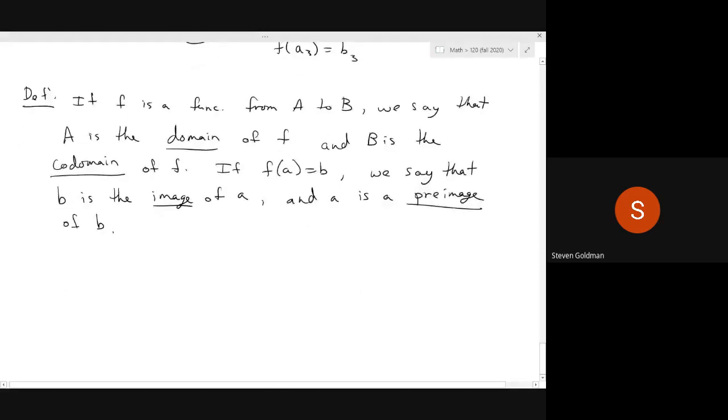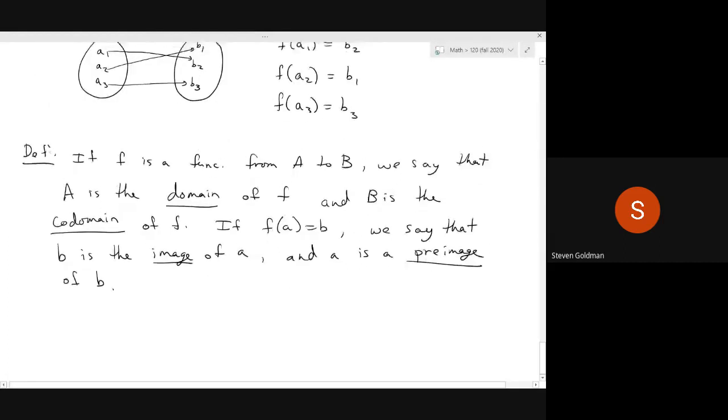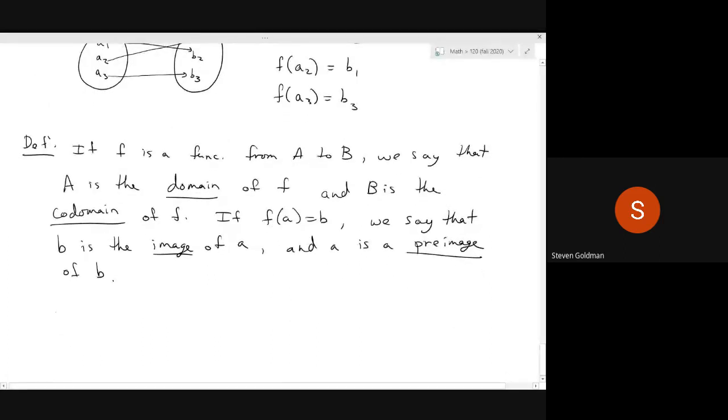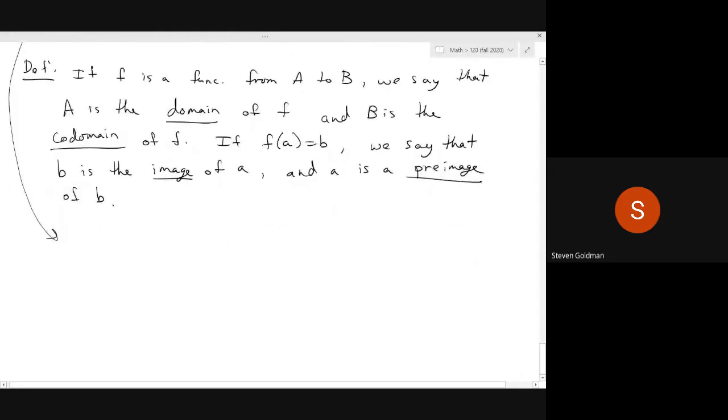Going back to the previous example that I wrote above, let's continue that example. The domain is the set A. What elements are in the domain? A1, A2, and A3. What elements are in the codomain?